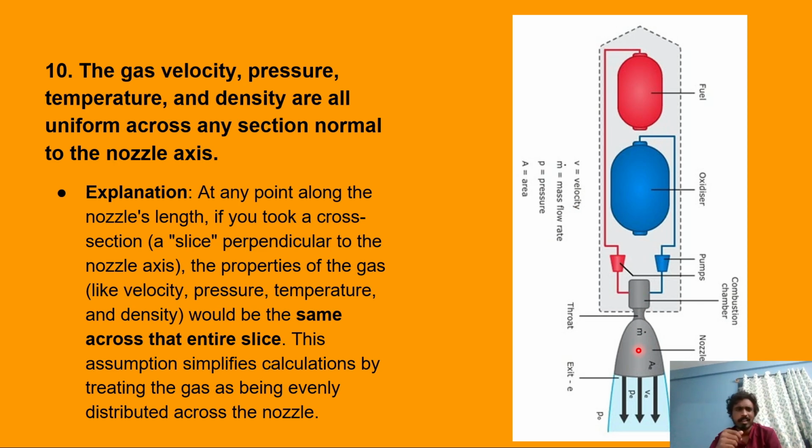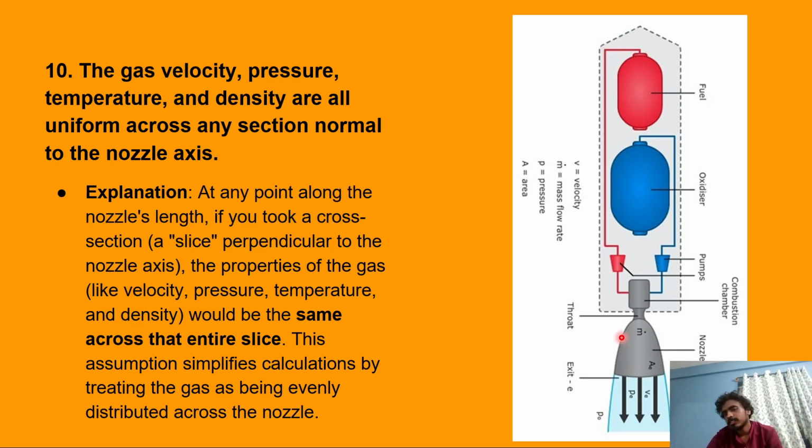How can they assume gas velocity is constant throughout? Gas velocity is increasing now. I have too much idealism, but whatever, the book says it. Gas velocity, pressure, temperature and density are uniform across any section. Oh, sorry, I get it.